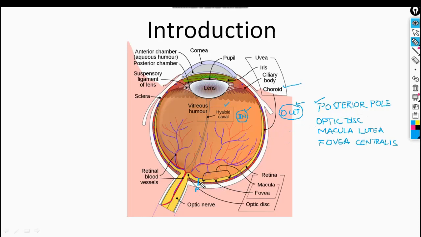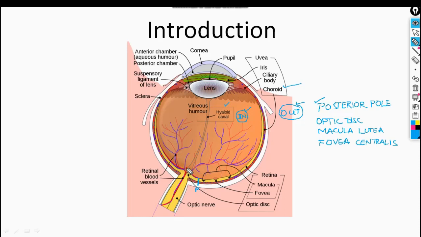So this posterior pole is present lateral to the optic nerve. You can see the exit of the optic nerve here. So it is lateral to this optic nerve, and it is present in the center of the posterior curvature. This posterior pole is present between the optic disc and the macula lutea.